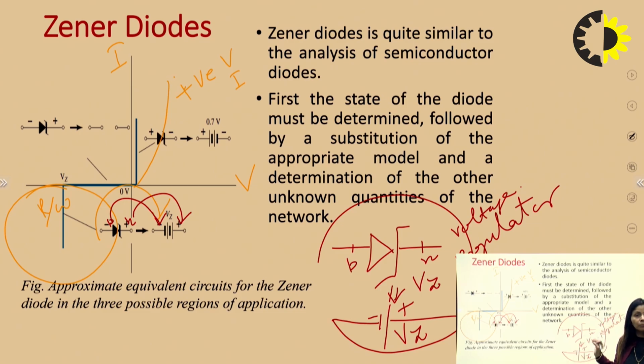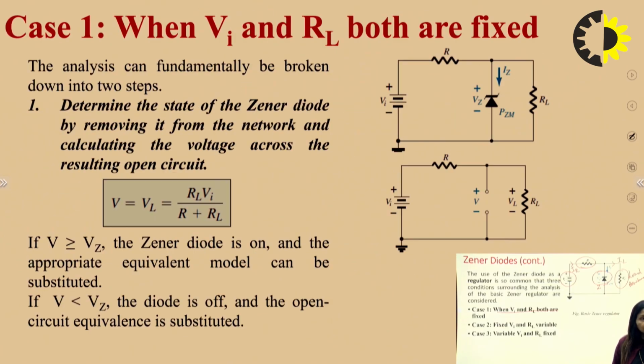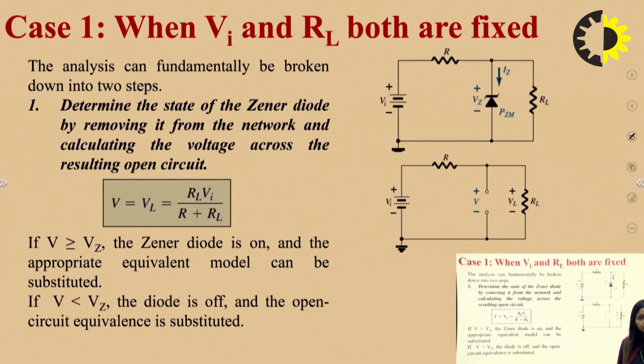This is the key point which we need to understand. Once we find out whether the Zener diode is in working condition or not, the rest of the things become very easy. So the first step is to determine the state of the Zener diode.